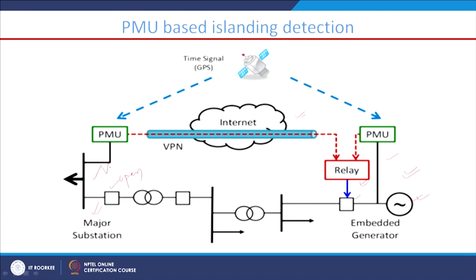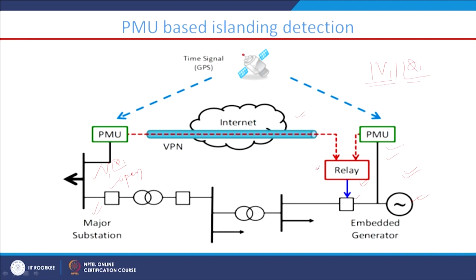Now, the positive sequence voltage and the corresponding angle information, this V1 magnitude and the angle, will reach this relay.